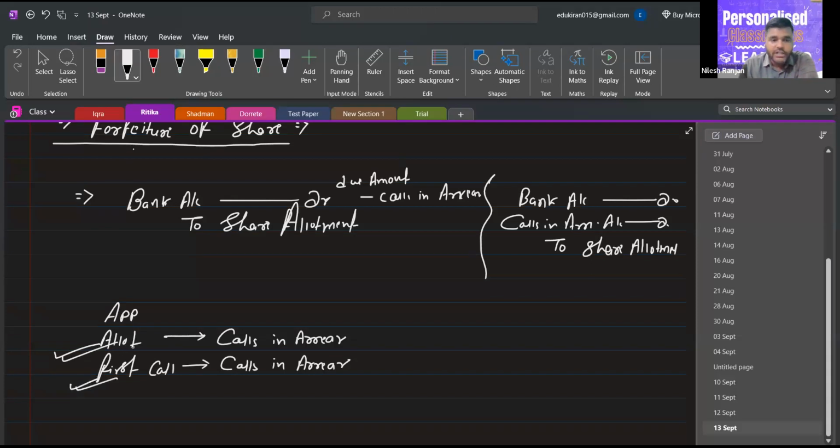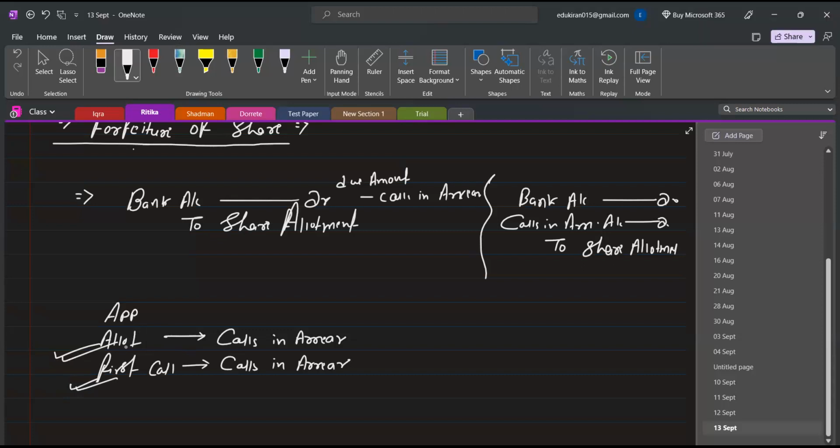If someone did not pay any money on allotment, we wait until the first call, and after asking money on the first call, if he did not pay, then we forfeit the share. So one is immediately after allotment, and the second is waiting until the next call, that is the first call. Okay, sir.